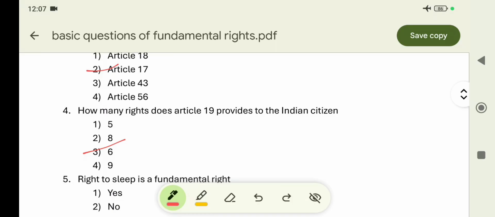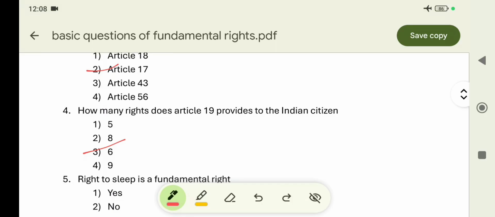First, right to freedom of speech and expression; second, right to assemble peacefully and without arms; third, right to form associations or unions or cooperative societies; fourth, right to move freely throughout the territory of India; fifth, right to reside and settle in any part of India; sixth, right to practice any profession or to carry on any occupation.